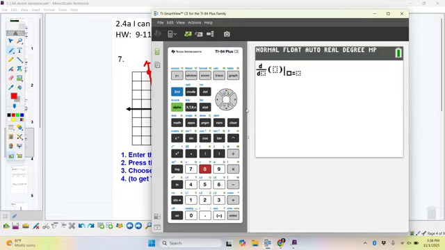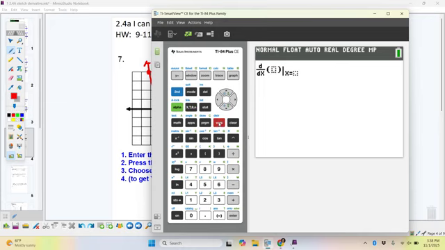So the first square where my little a is blinking needs to be an x, because this is saying take the derivative with respect to x. And then we need to tell the calculator of what function. So in the parentheses goes the function. I like to use the notation of y1 because then I don't have to retype the function every time.